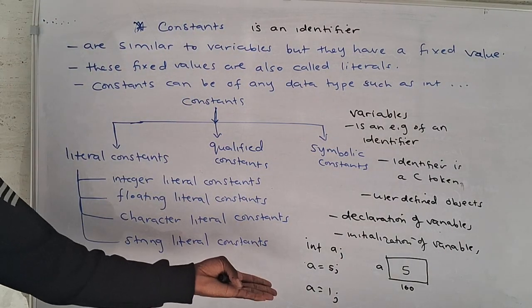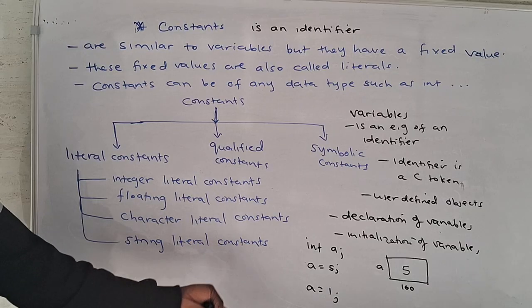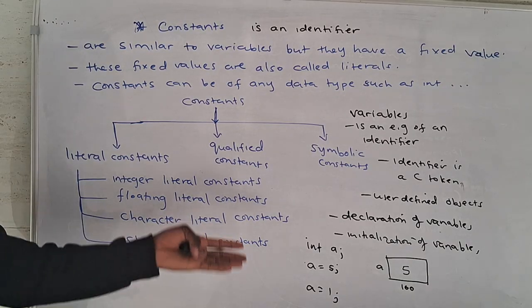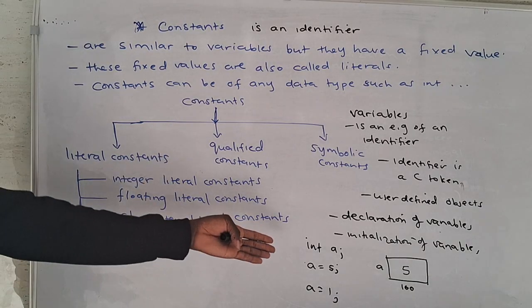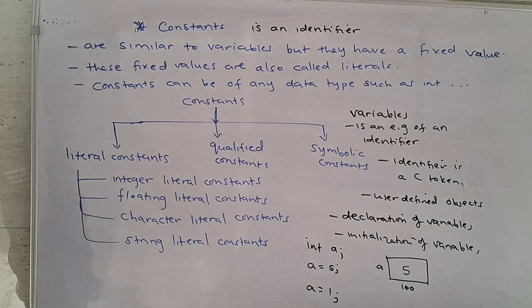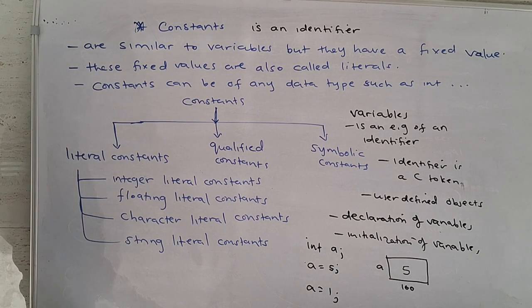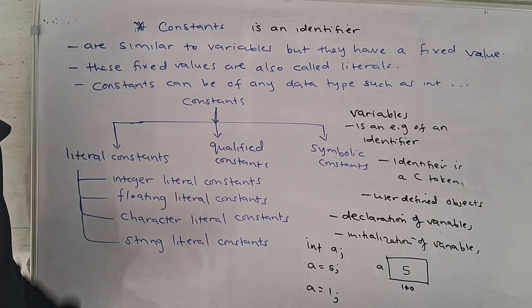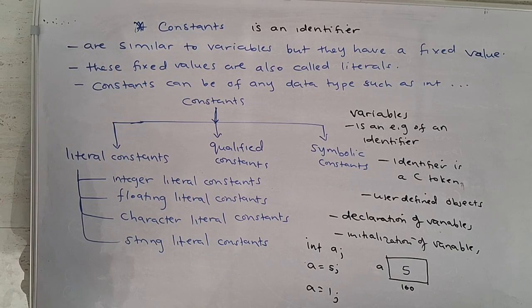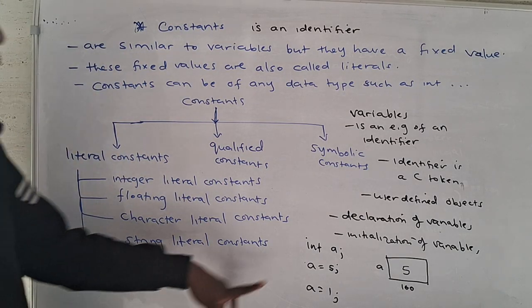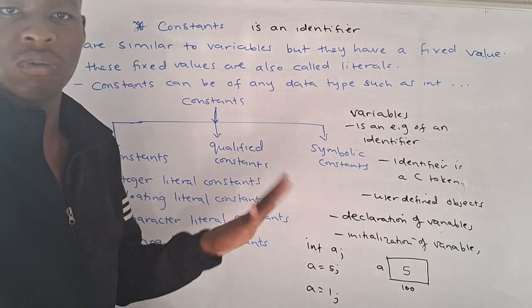So we have managed to modify the value of a. But in the case of constants, if a is a constant, throughout the program a will be holding the value 5.